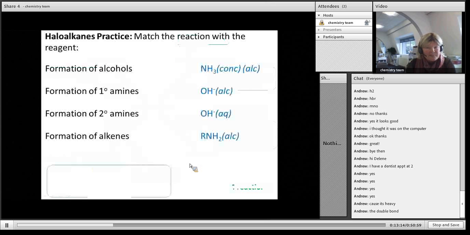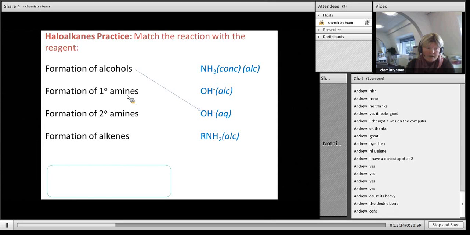Okay, so let's match them very quickly. If I want to form alcohols from haloalkanes, you just look for the aqueous one. Okay, so there it is. If I want to form primary amines, what do I use? Okay, you can see it.